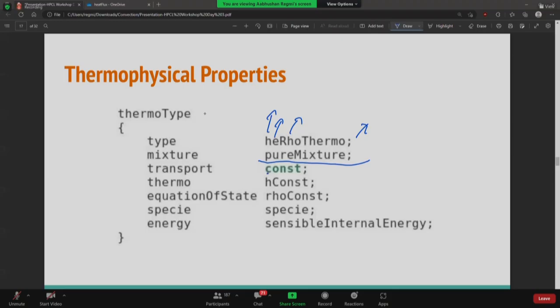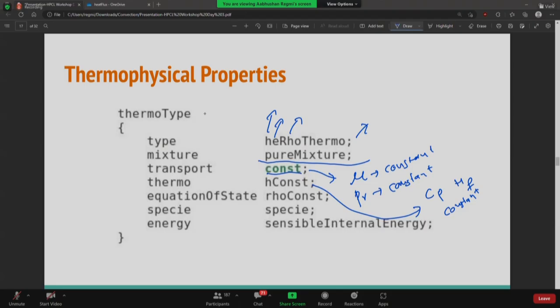And transport property is constant. It means that we are assuming the viscosity is constant. Not only viscosity, also the Prandtl number is constant. So if you want to do a simulation of blood flow where the viscosity changes with the shear strain or stress, then you may want to provide some other transport properties here. And the thermo assumes that our specific Cp and our heat of fusion are constant. They don't change.